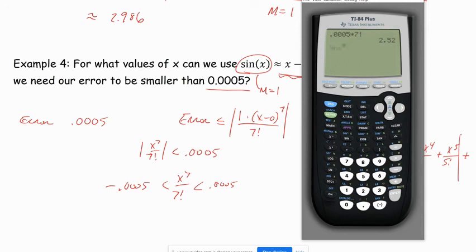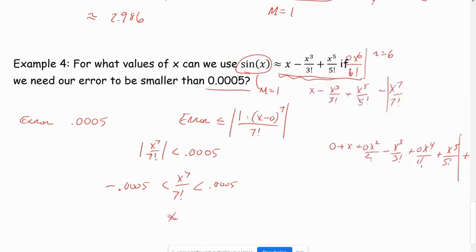You can raise it to the 1/7 power, which is the easiest way to take a 7th root, and that gives us 1.141. So as long as we pick x values between negative 1.1411 and positive 1.1411, then we will have an error within 0.0005.